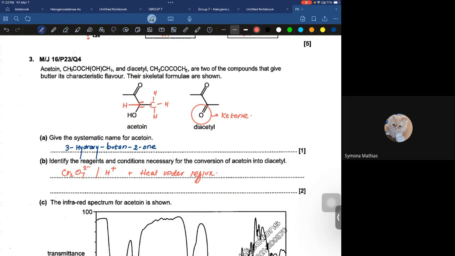When you are going to add concentrated sulfuric acid, this OH and this H would be removed to give you alkene, and the alkene should be like that.